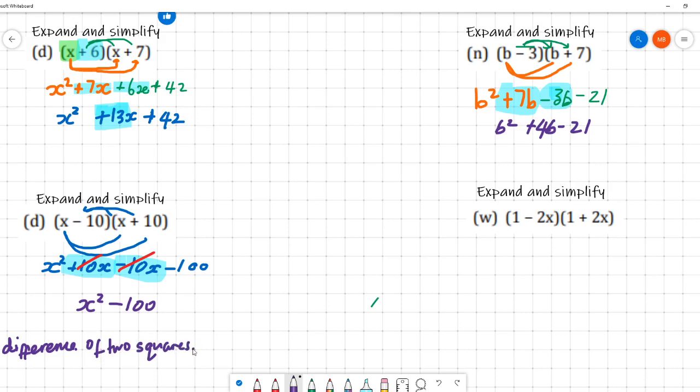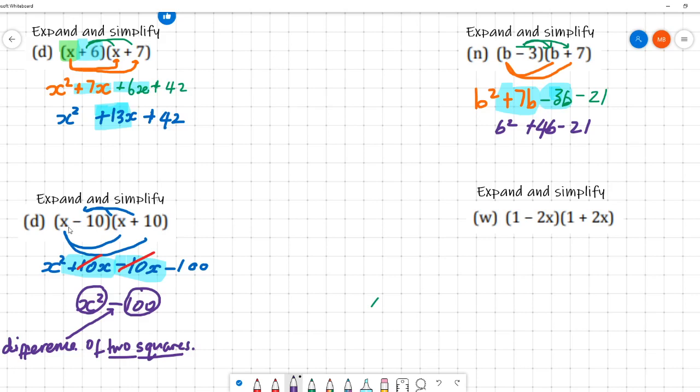And the reason why it's got that name is because the difference is referring to the negative sign, and two squares is referring to these two values here. So we've got an x squared term, which is a square number, and we've got the number 100, which is also a square number, and so therefore we've got a difference of two squares.